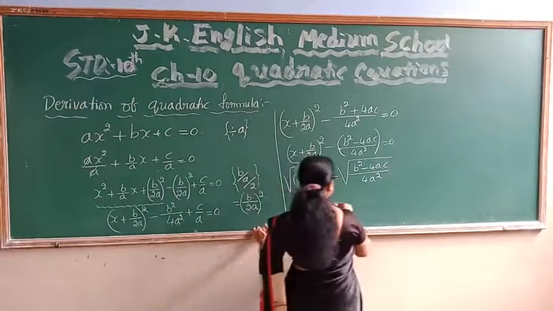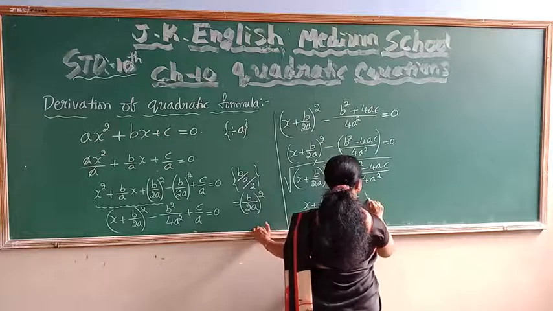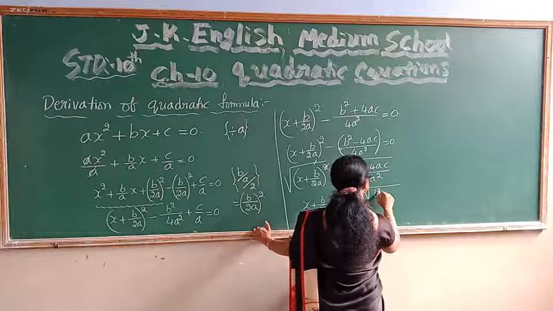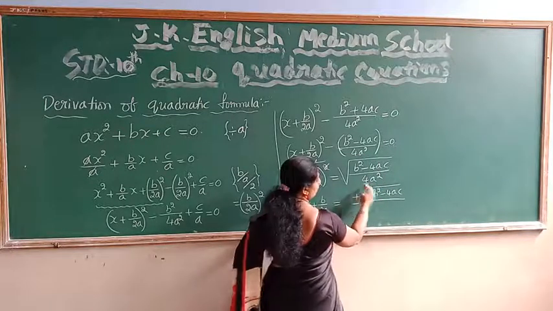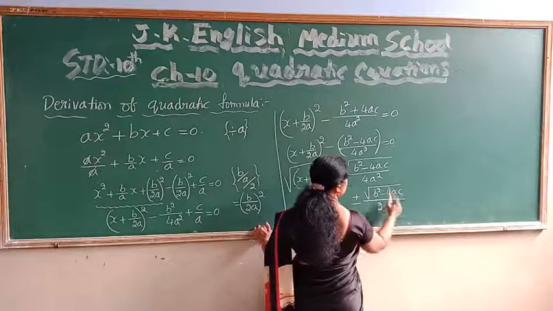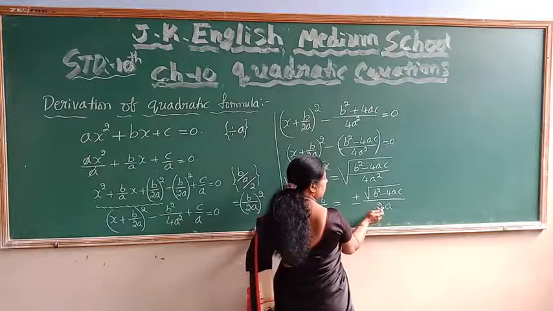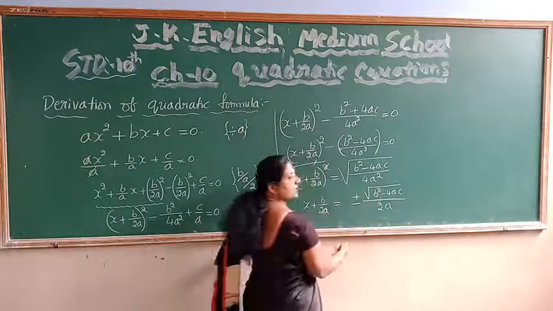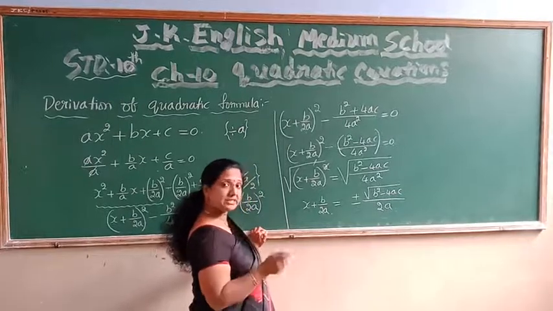This is equal to plus or minus. We don't know the square root of b square minus 4ac, but we know the square root of 4 is 2 and of a square is a. The square root symbol cannot apply to the denominator only; it applies to the numerator, because b square minus 4ac is a single term.